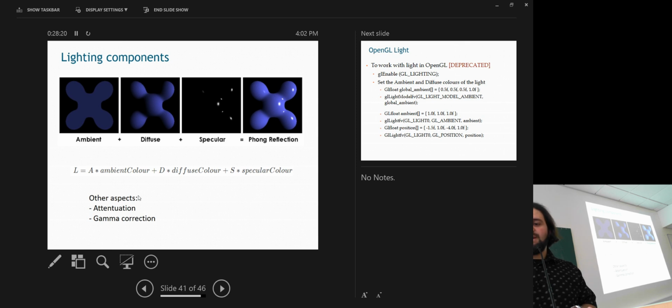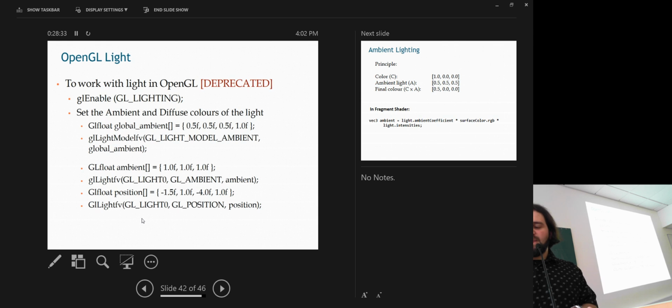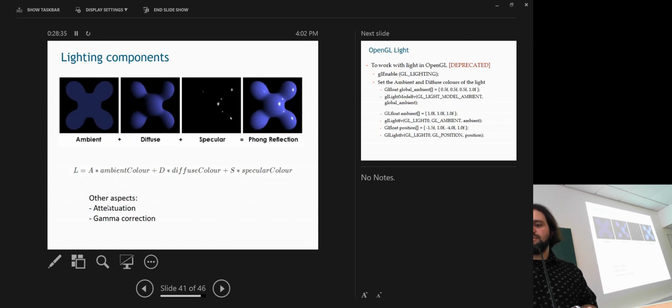And in the next lecture we will talk about attenuation and gamma correction. That is a more hardware dependent problem. It's not directly considered in the Phong reflection, but those two are used to make the representation more accurate.